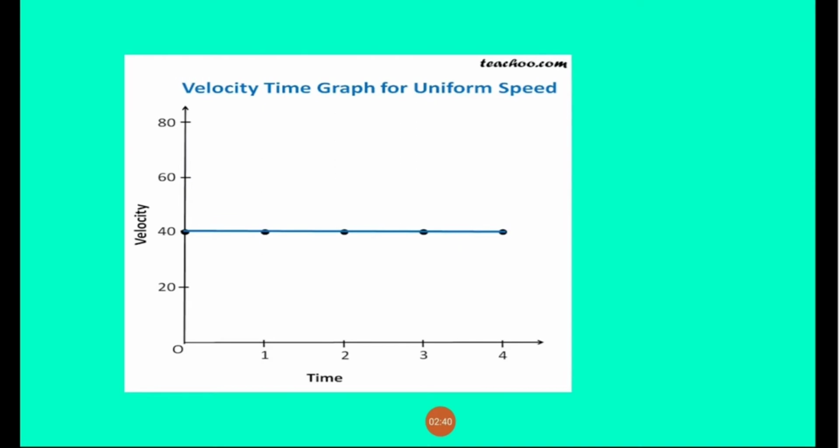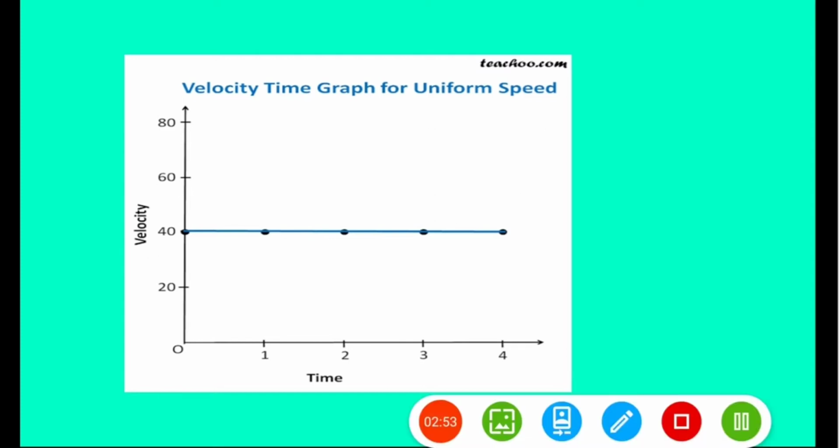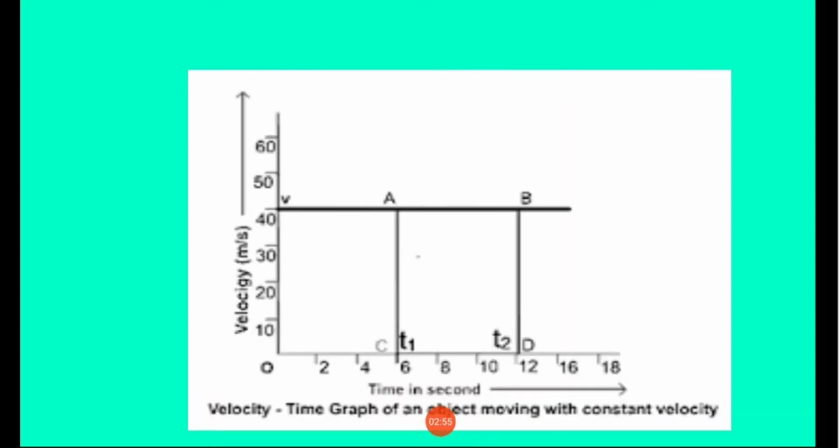So you can see here the graph plotted for an object moving with uniform speed or uniform velocity. So this line is a parallel line to the time axis. In case we have to calculate the distance traveled by this object at the time interval t1 to t2, we know that speed equal to distance by time.